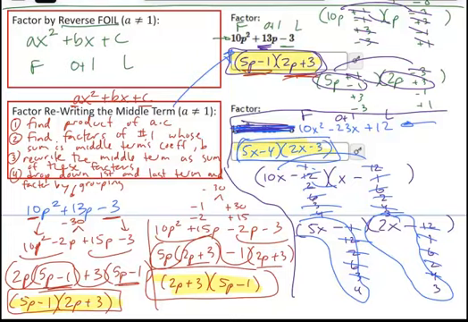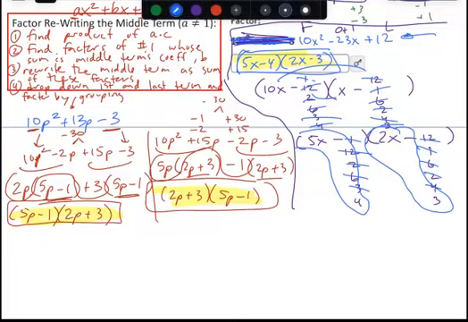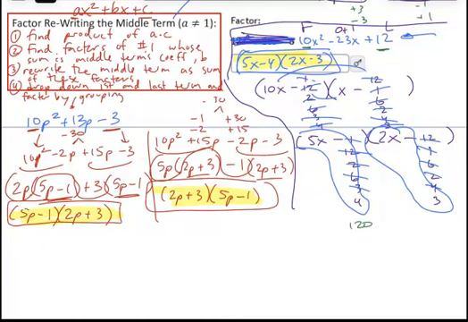Now, what would I do if I was trying this same thing and going to use the process of rewriting the middle term? Okay, so if I take my leading coefficient times my constant, so 10 times a positive 12 is 120. Are there 2 factors of 120 whose sum is negative 23? Again, they both have to be negative signs.